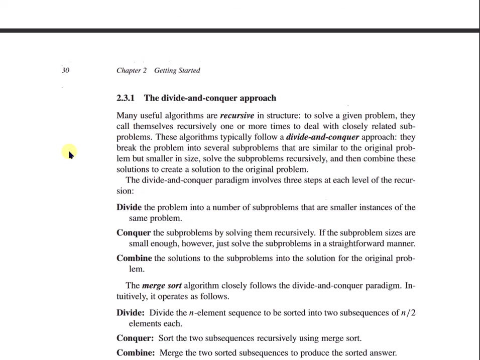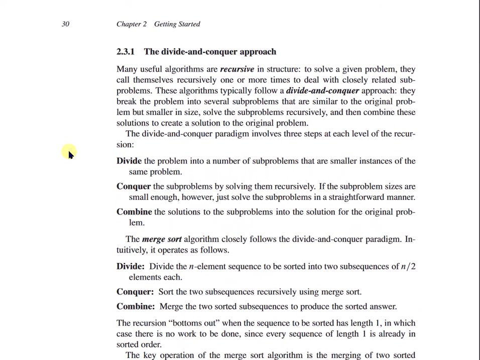Okay, this is a new approach on designing algorithms. The design and divide and conquer approach. Many useful algorithms are recursive in structure. To solve a given problem, they call themselves recursively one or more times to deal with closely related subproblems. These algorithms typically follow a divide and conquer approach. They break down the problem into several subproblems that are similar to the original problem but smaller in size, solve the subproblems recursively, and then combine these solutions to create a solution to the original problem.